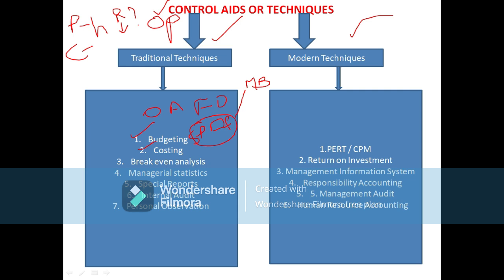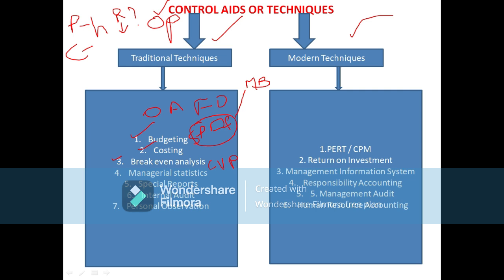Then coming to break-even analysis. We all know that this is also known as cost-volume-profit analysis. Under break-even analysis, a chart is prepared which is known as the break-even chart.